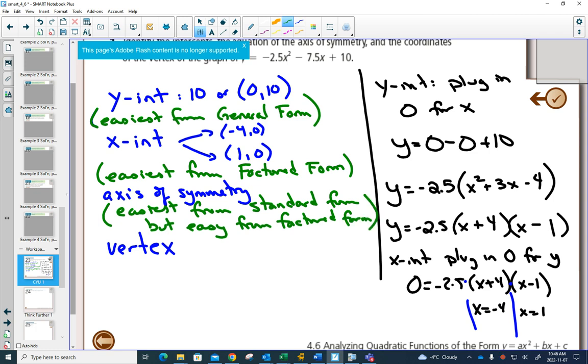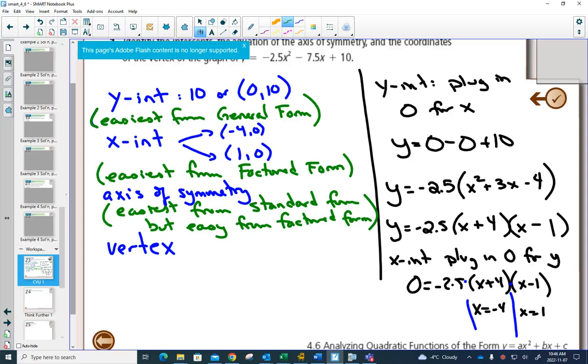Because your axis of symmetry is always the x-coordinate of your vertex. So if you have standard form, you have your vertex, boom, you have your axis of symmetry. But it's still easy from factored form, because from factored form, it is the average of your x-intercepts.